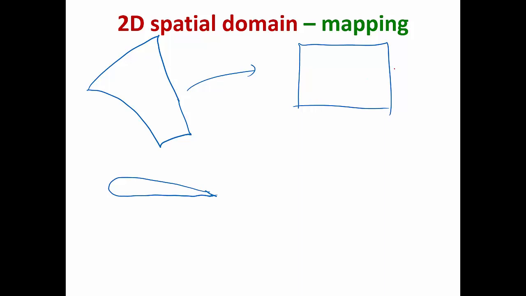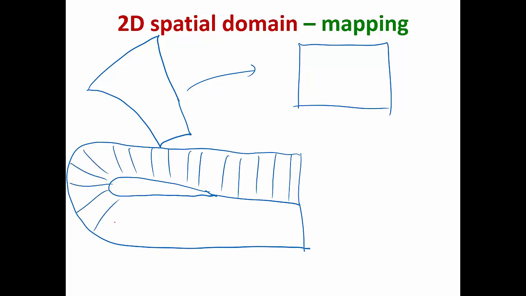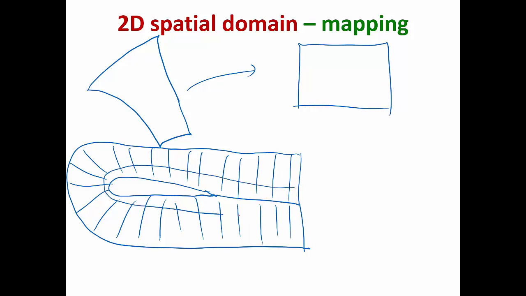But people have figured out not only one way, but multiple ways to do that mapping. I'm just going to give you one example. So this is what they call a C type of meshing technique. So they basically cut a line through the trailing edge and map it like this. So then, if you basically cut it and stretch it, it looks like a rectangle, right?